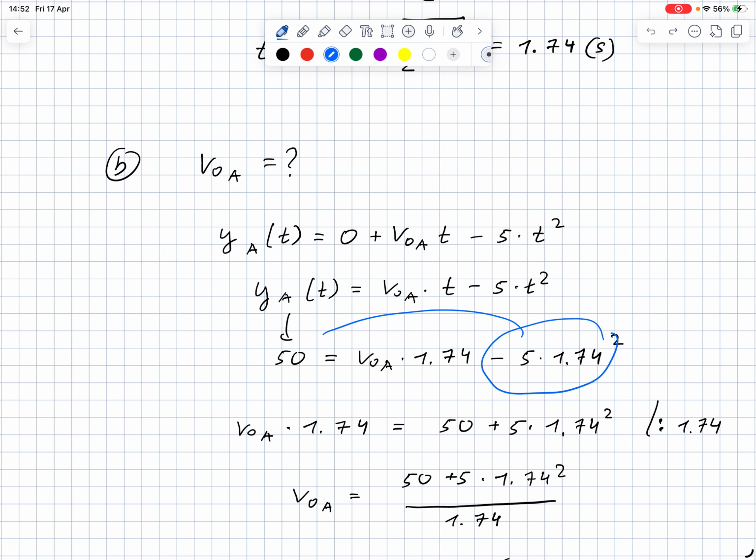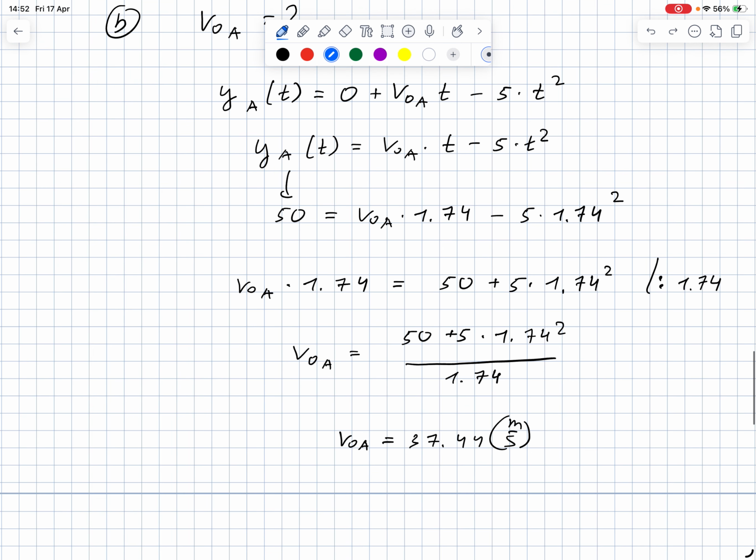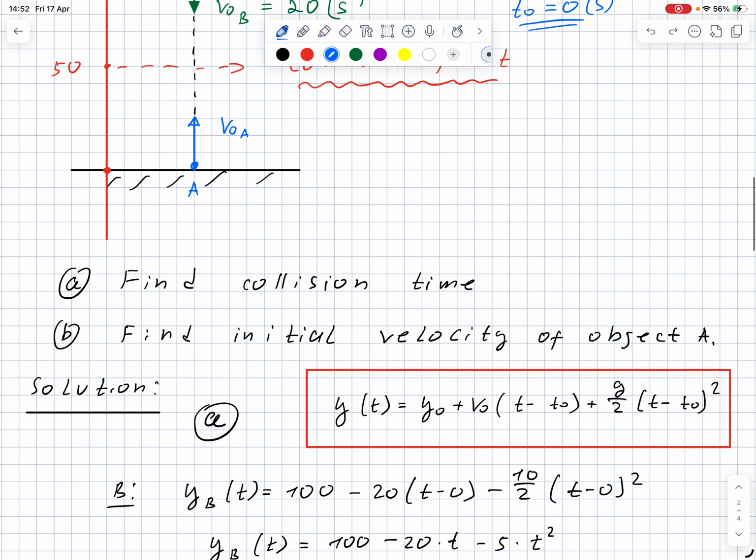Because we need to find the initial velocity of object A, we need to divide both sides by 1.74. At this point, you need to take your calculators and you will probably get this result of 37.44 meters per second, which is the initial velocity of object A. That's what we need to find.